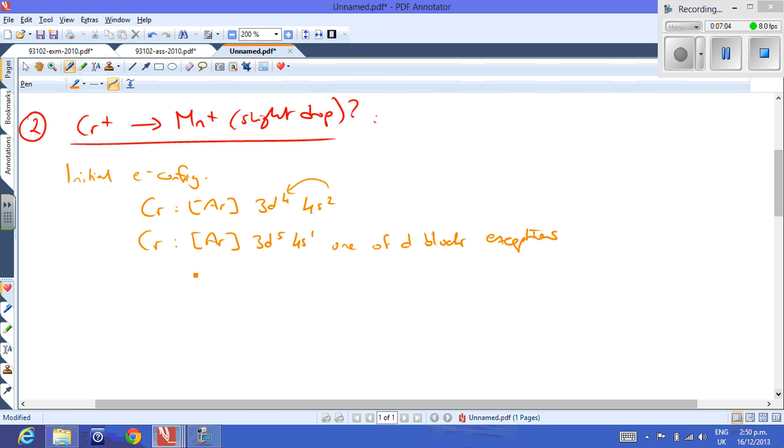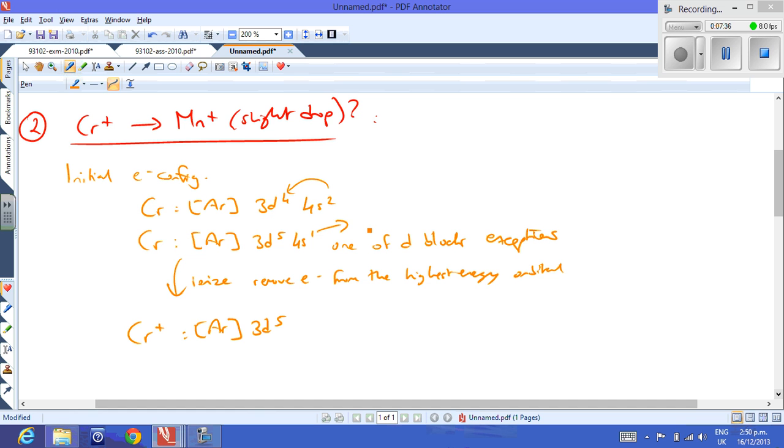And then to ionize this, you need to remember that you remove the electron from the highest energy orbital, which in this case is the 4s orbital. So after you ionize chromium, you get chromium plus, which is everything as far as argon, then 3d5, and you've removed this electron right here.